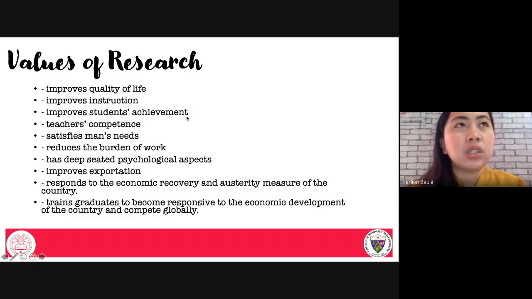There are researches that we have done to improve the clinical pharmacy program in UIC. Also, it can improve teachers' competence, satisfy man's needs, and hopefully reduce the burden of work.